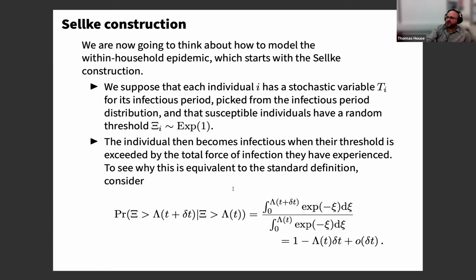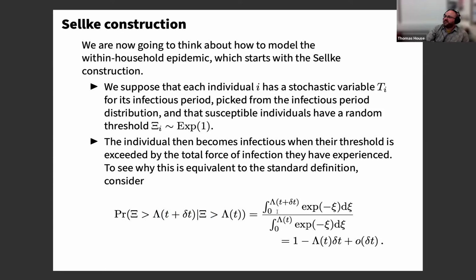This equation here tells you why that's equivalent, right? That the probability that this random variable exceeds the cumulative force of infection at a certain time, given it didn't before. Hang on, I've just spotted the typo there. I hope that isn't in the paper, or maybe it's the right one.